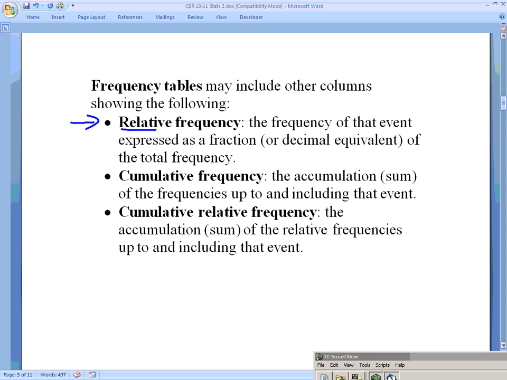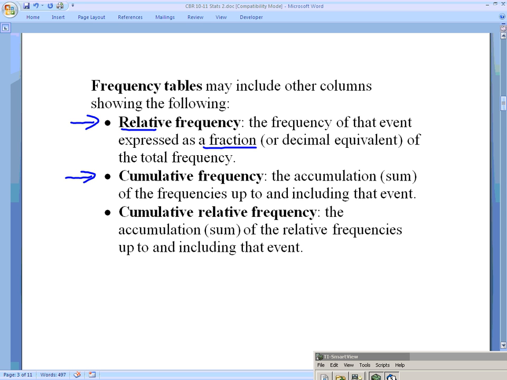So if it says relative frequency, we've talked about this back in probability, we express it as a fraction of the total frequency. So you put the total frequency in the denominator, the total number of things that we have, and the thing that we're talking about in the numerator, just like you would if you were creating a probability, and we call that relative frequency. Cumulative frequency is a running total of all your frequencies.